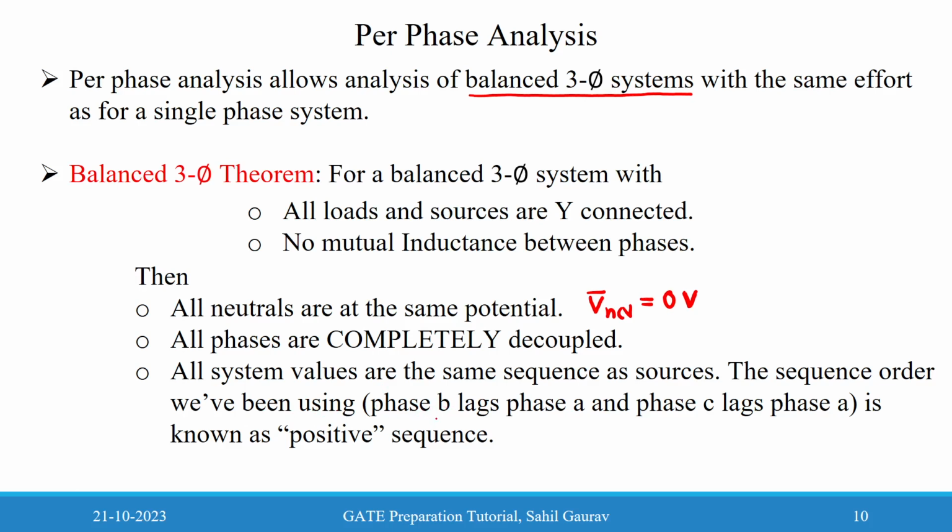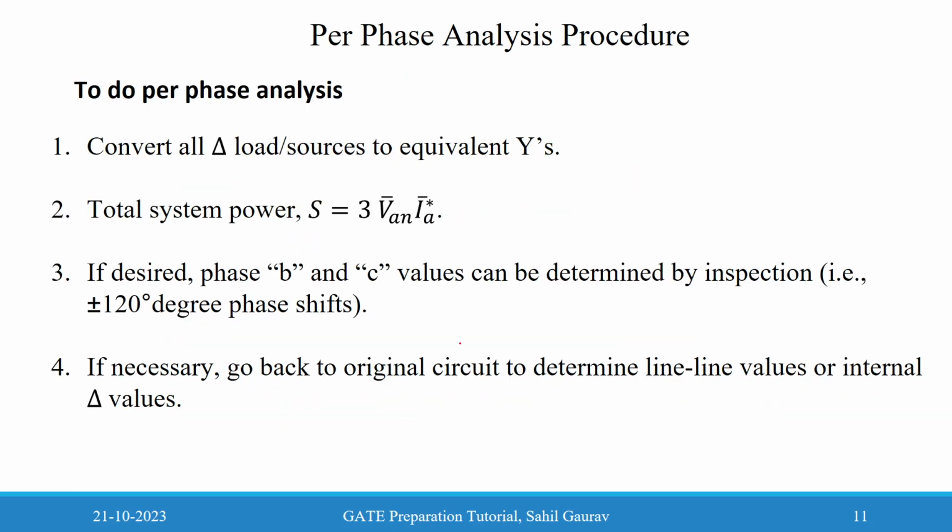So now we will see the procedure for per phase analysis. How will we do it? First, you need to convert all delta loads or sources to an equivalent star. Second, if you need to find the system power, the apparent power will be 3 times the phase power, VAN IA star. Third, if desired, phase B and phase C values can be determined by inspection, that is, they lead or lag by 120 degrees.